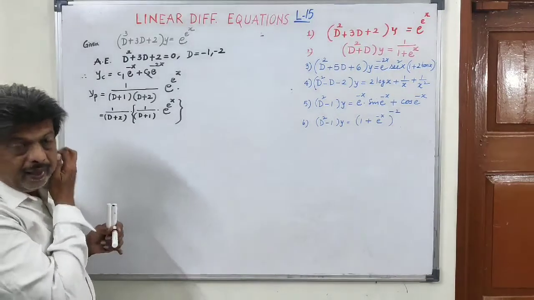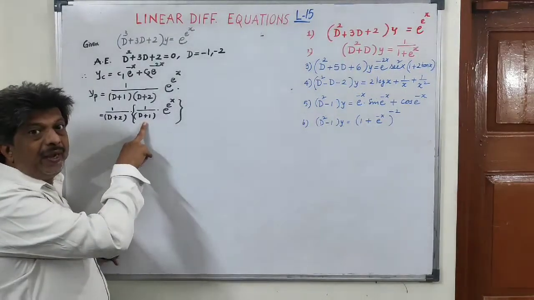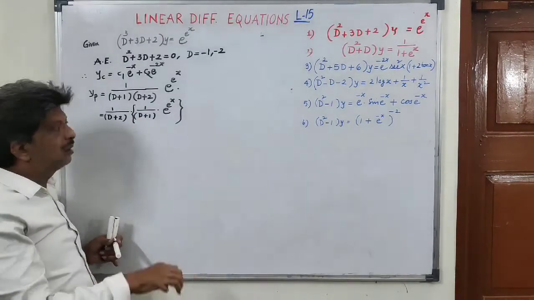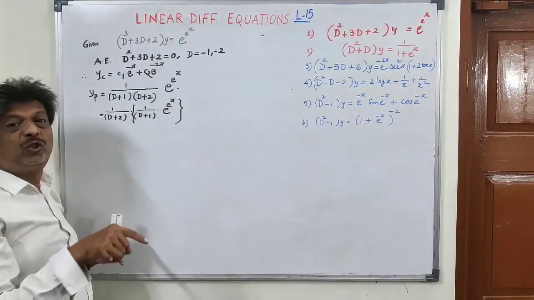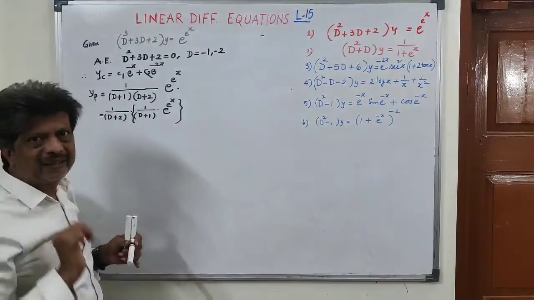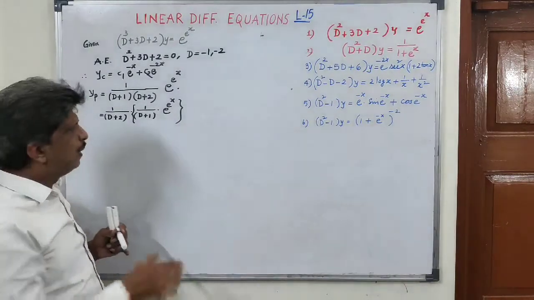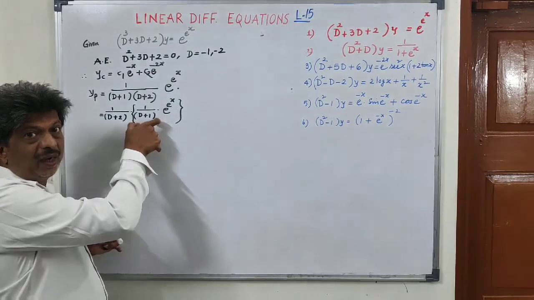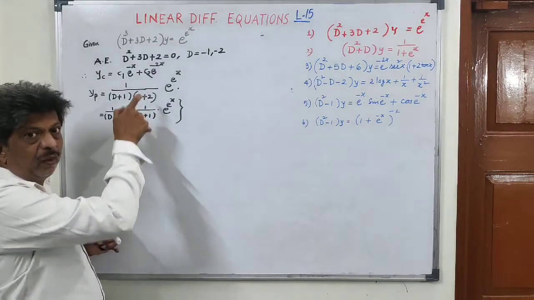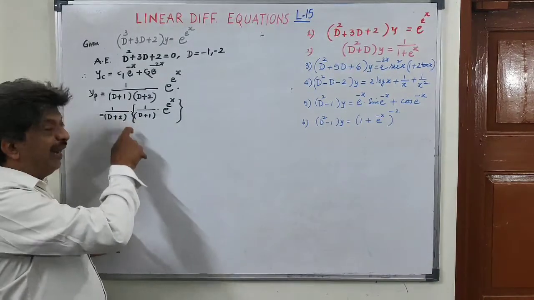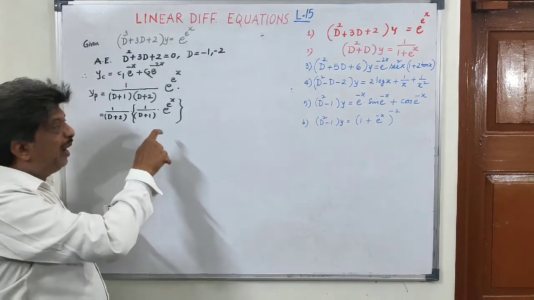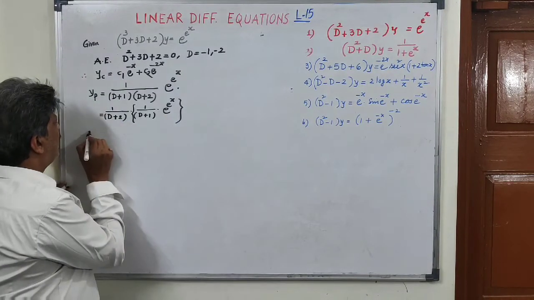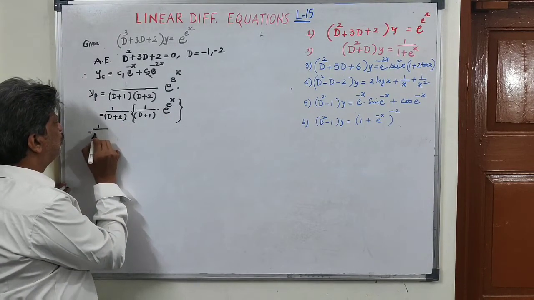So, I am operating 1 upon D plus 1 first, just because the function is e raised to power x. Now here, I am using the general integral formula: 1 upon D plus m into f of x is equal to e raised to power minus mx into the integral of e raised to power mx into f of x dx.